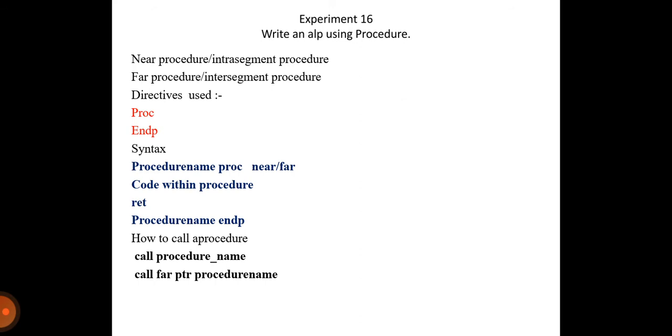When we call a procedure, its current value, meaning the address of the next instruction to be executed, should be stored somewhere in memory. The memory where we temporarily store the value of IP is called the stack memory. We are going to store the value of IP in the stack memory.